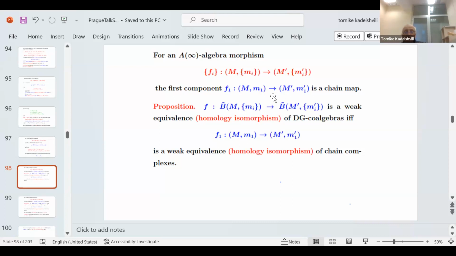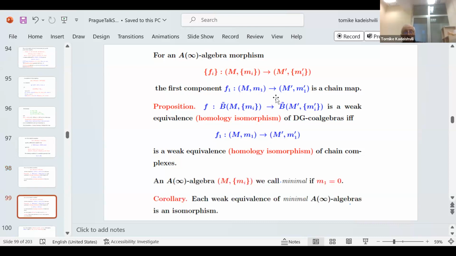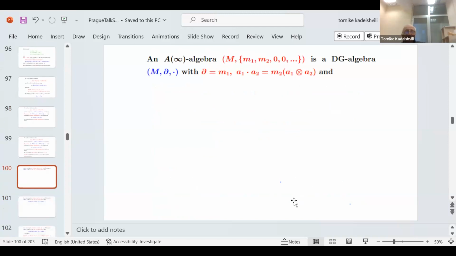So weak equivalence, if this first component chain map is a homology isomorphism. And we call an infinity algebra minimal if M1 equals 0. And any minimal weak equivalence is an isomorphism.